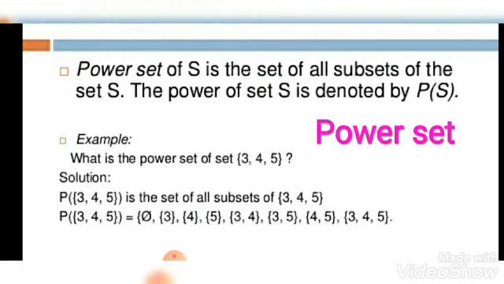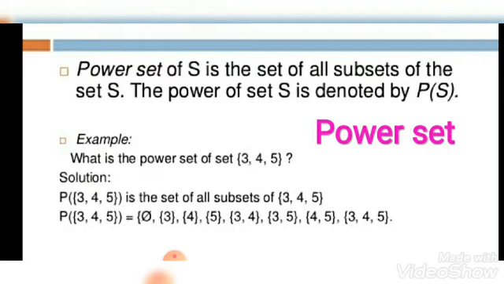We can take only 3, only 4, only 5, and we will take {3, 4}, and another {3, 5}, and another {4, 5}, and we can take {3, 4, 5}. How many subsets are there? 1, 2, 3, 4, 5, 6, 7, 8. 8 subsets are there for {3, 4, 5}. So this is called power set.